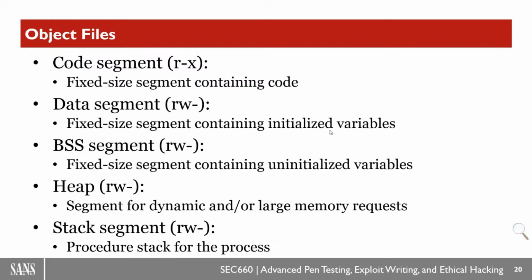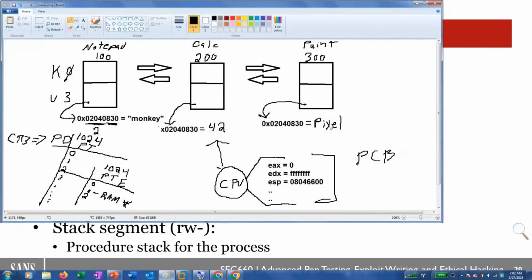Blake has a question. In the example, the addresses were the same. So how does it look into the different page tables? So that's the lookup, right? When you're under the context of a process and you look at virtual memory address 02040830 for Notepad, a portion of that address is going to point to a page table within that specific process's page directory.